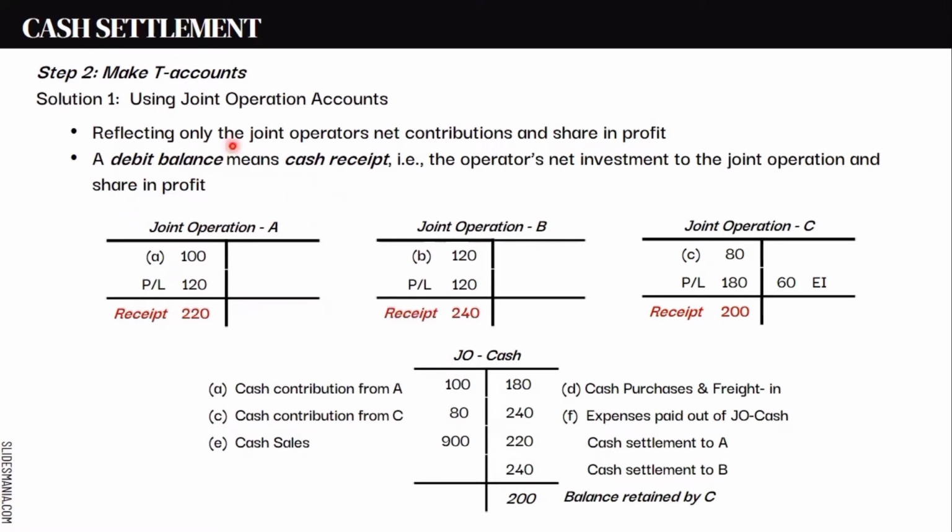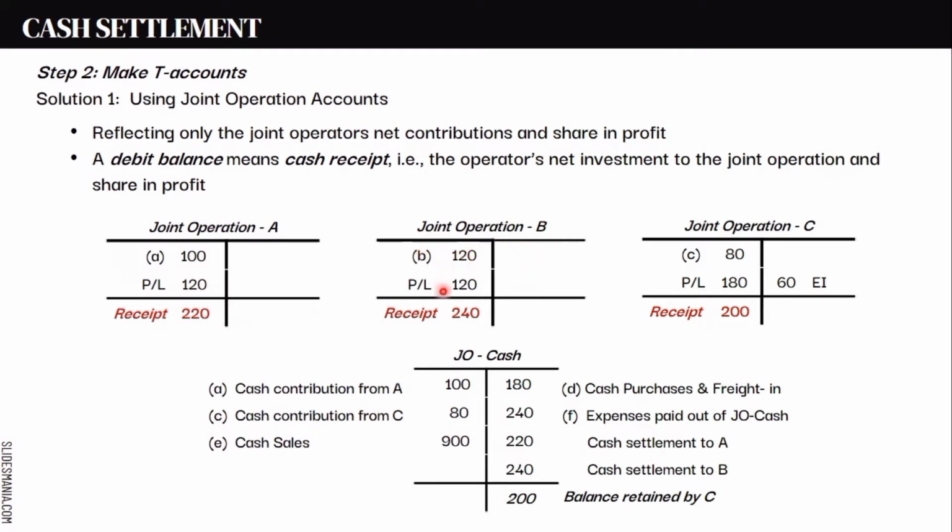So here, reflecting only the joint operators' net contribution and share in profit. This is A's contribution earlier of 100 pesos cash. Then his share in the profit of 120, so he has a cash receipt of 220. Then B, this is his net contribution.